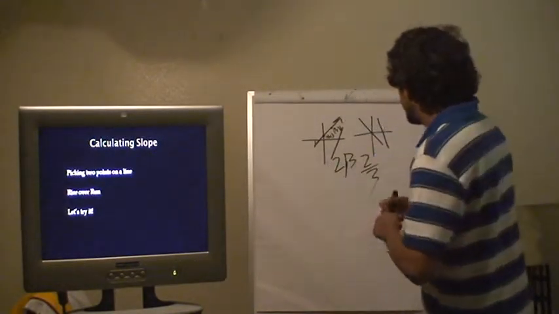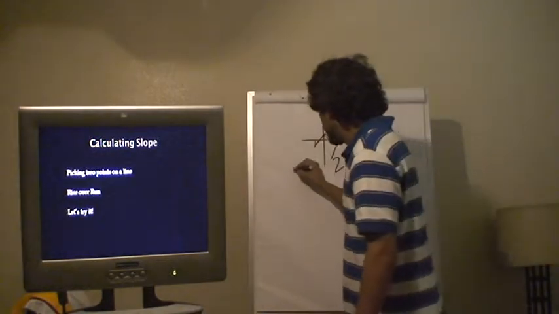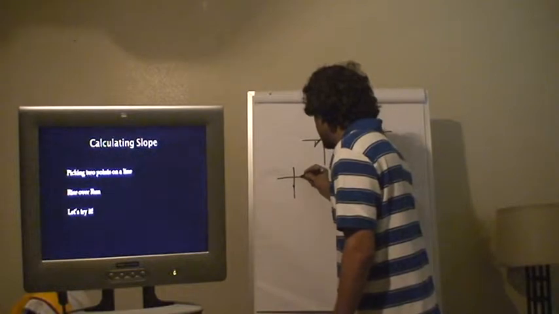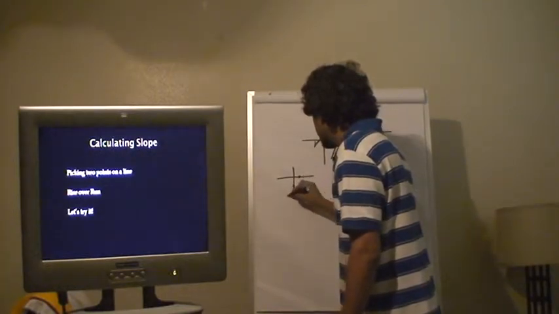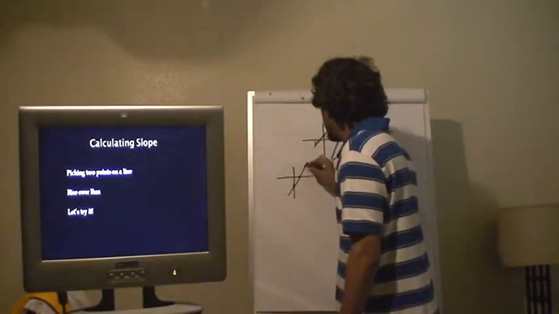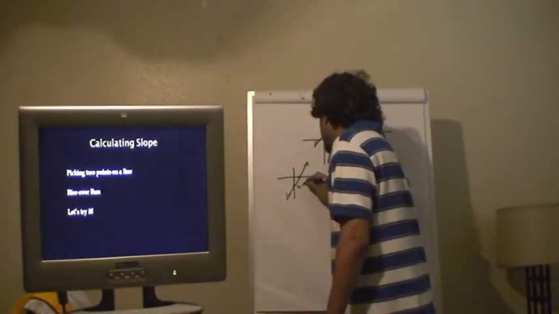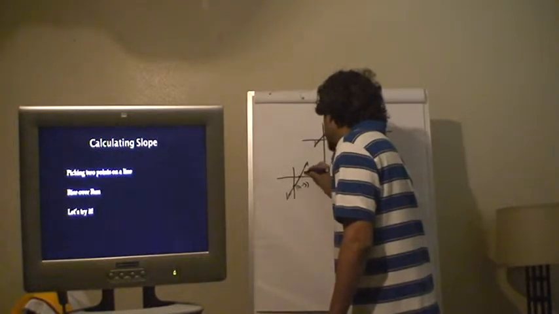So let's try it. I'm going to give you one real quick. We have a line. There's a point. There's a point. Okay, make it easy. Now let's say this is 0, negative 3. And this is 2, 0.